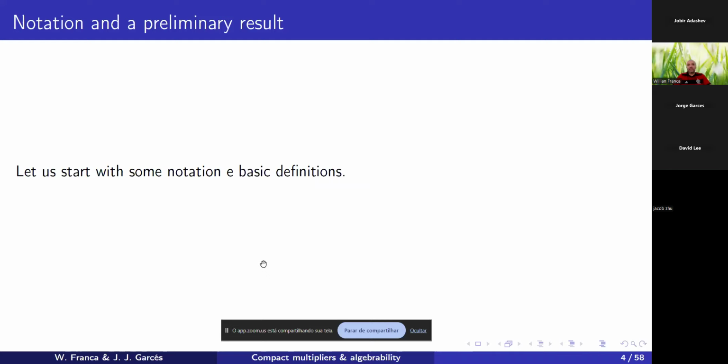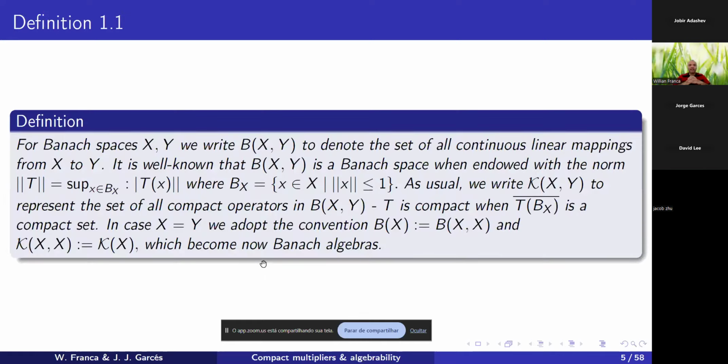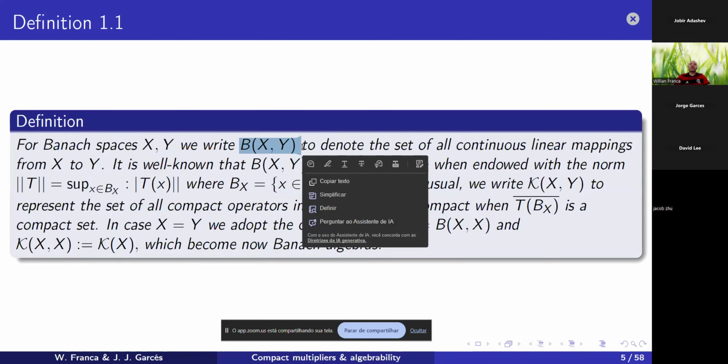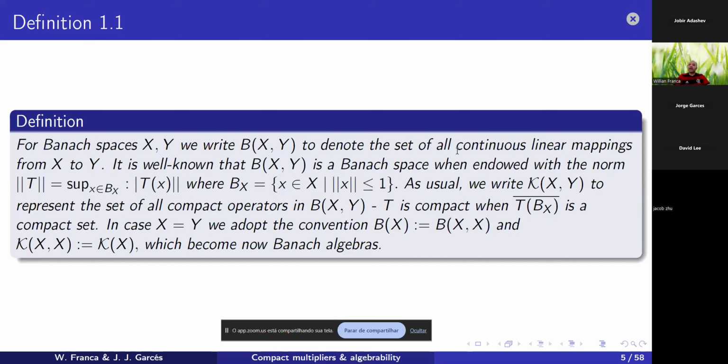So let's have some basic notations and basic definitions. For now, X and Y are two Banach spaces. By Banach space, I mean a normed vector space which is complete. We are going to denote by B(X,Y) the algebra of all continuous linear mappings from X to Y. We are not assuming any sort of extra structure.